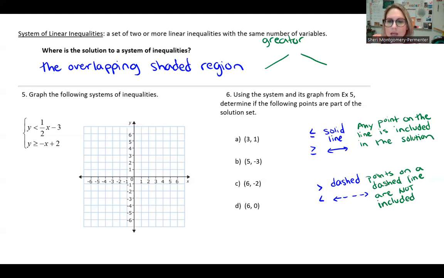If you are shading above, greater means above, you shade like that. That's above the line. Sometimes you have less than. It doesn't matter if you have a positive or negative line. Less than will shade below.